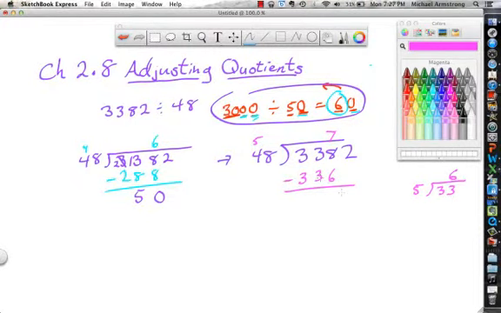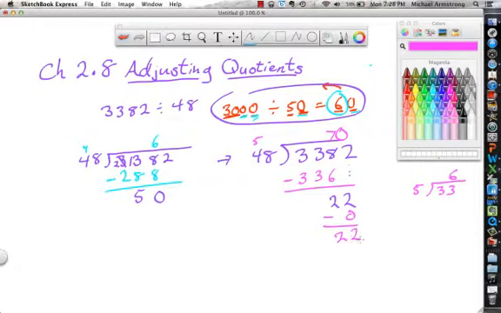And now when I subtract, I get something that's much more reasonable. I have just 2 left over. Okay, and then I bring down my other 2, and that's still too small. 2 is smaller than 48. When I bring down the next number, 22, that's still smaller than 48. So I have to put a 0 in the quotient. 0 times 48 is 0. Subtract 0.